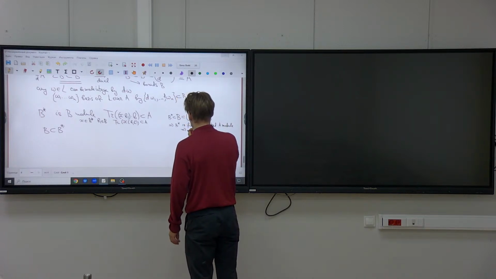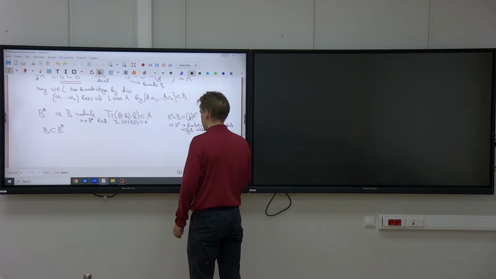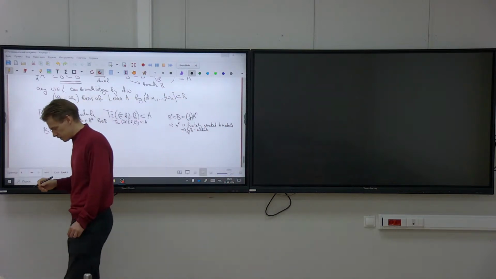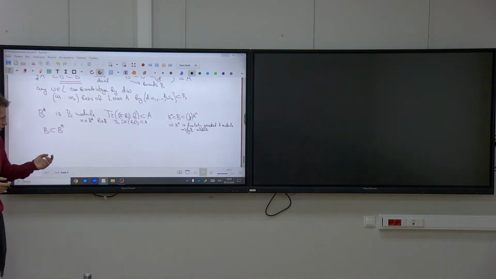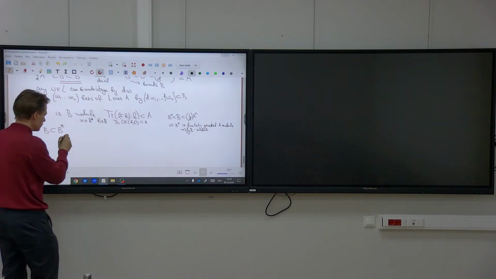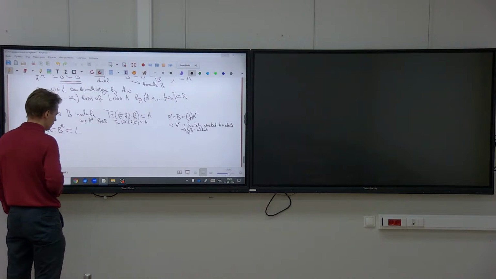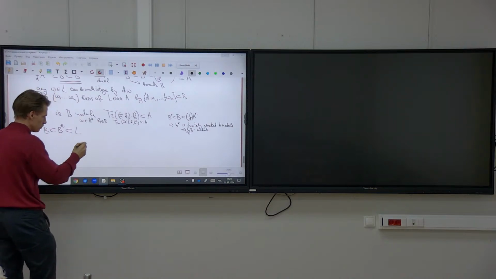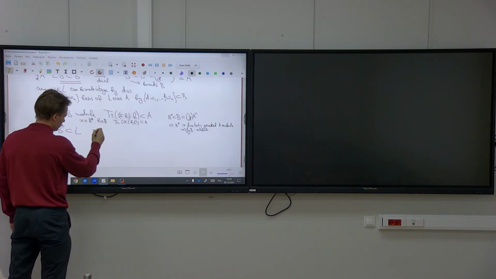And B star is a finitely generated B module. So this really means that B star is a fractional ideal. In our case, it is a subset of L. So B star is a fractional ideal.